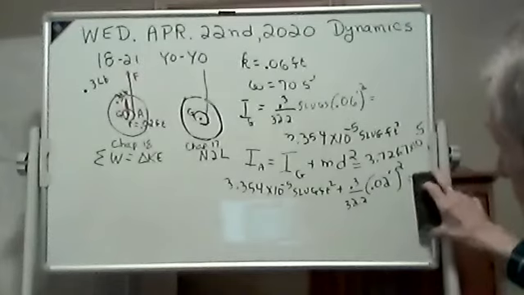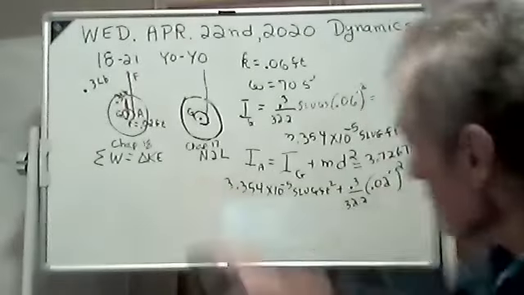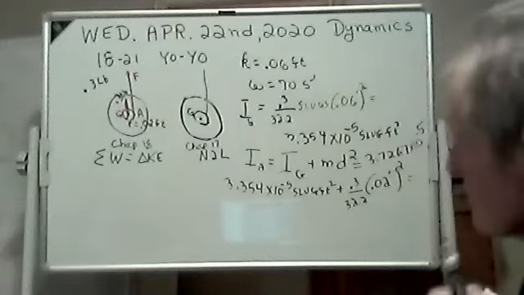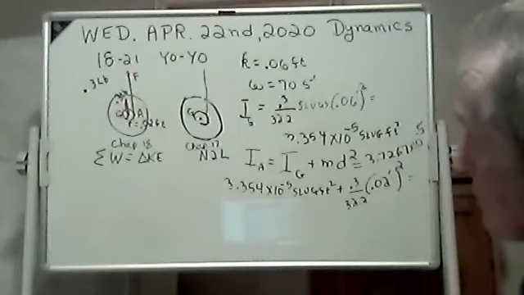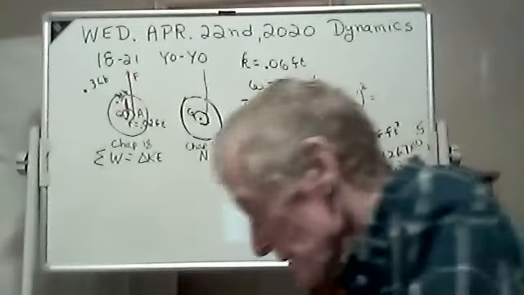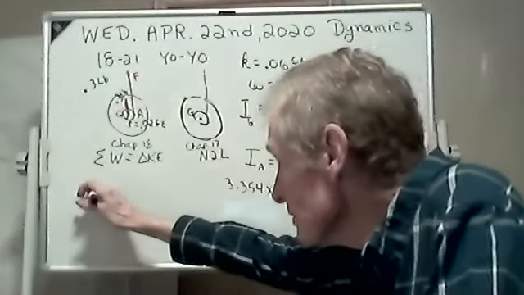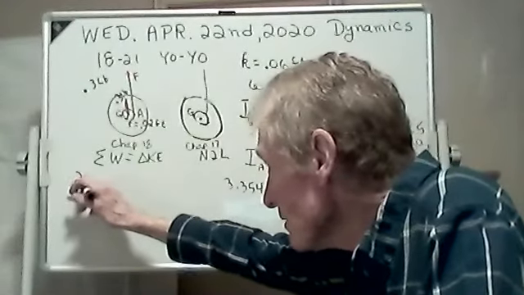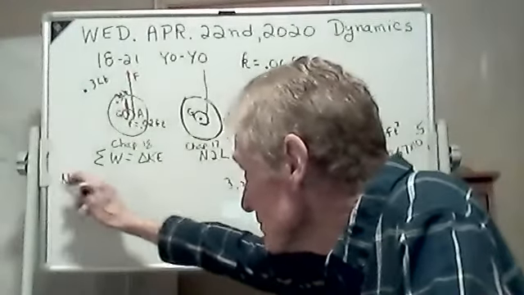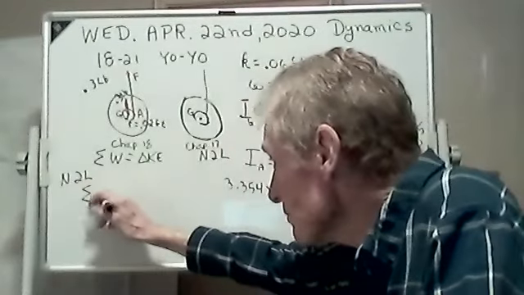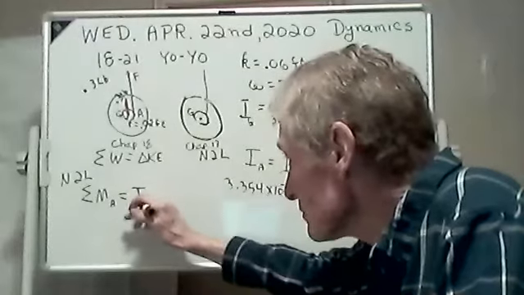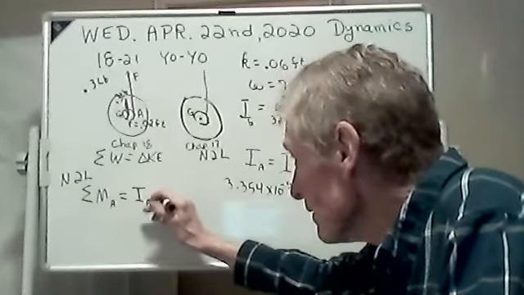I'm going to erase this because I need all this space here. Oh, wait a minute, though. Okay, so what? Well, here's what you can do. We're going to write Newton's second law. But see, the sum of the moments about A is equal to I_A alpha.